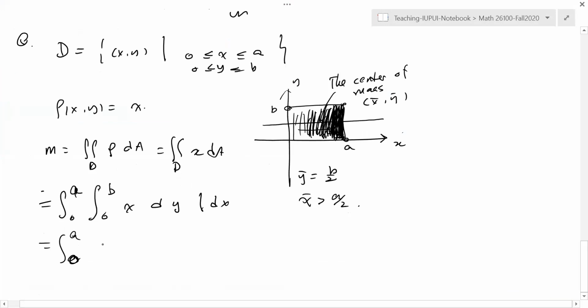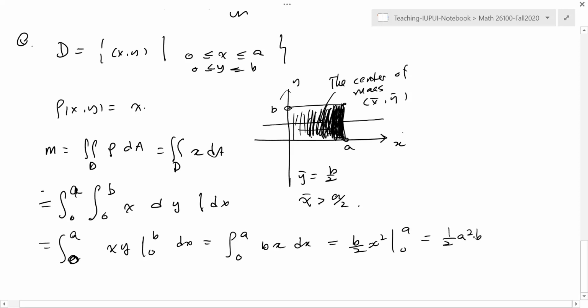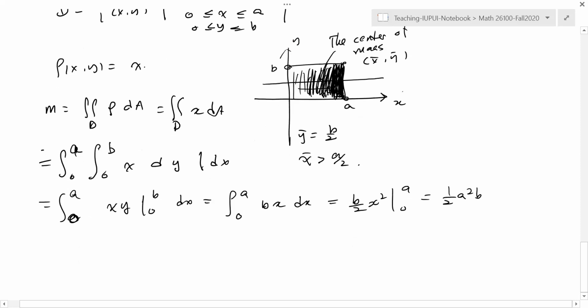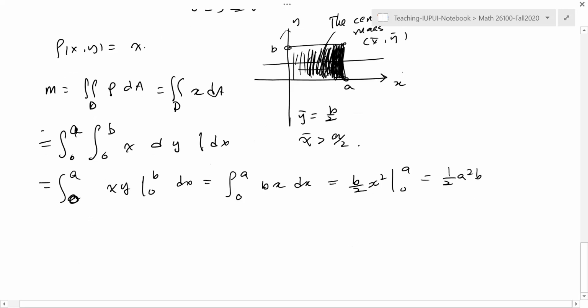So this is the integral of x with respect to y. It will be x times y, evaluated at b. So this is going to be b times x. And the antiderivative gives half of that, so the answer is one half a squared b. That is the total mass.